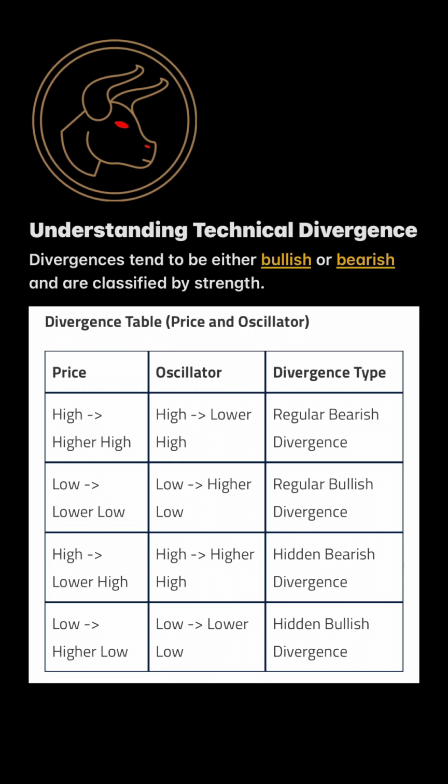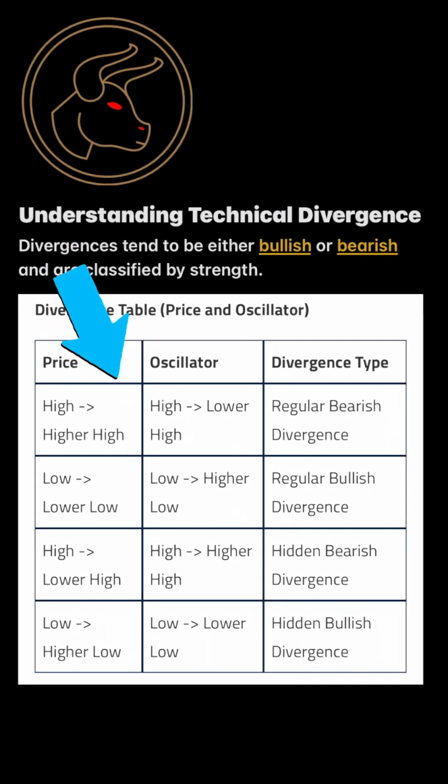All right, so we talked about this earlier, but divergences tend to either be bullish or bearish, and we saw that we have some hidden ones as well. But let's look at this chart right here. This chart gives us our price action, the oscillator, and the type of divergence that's happening.